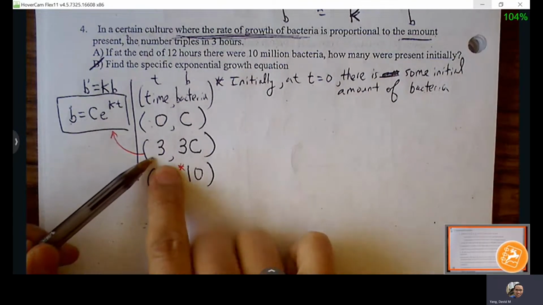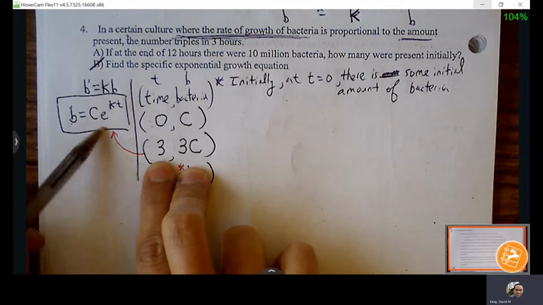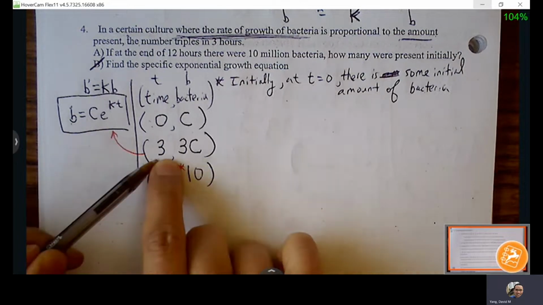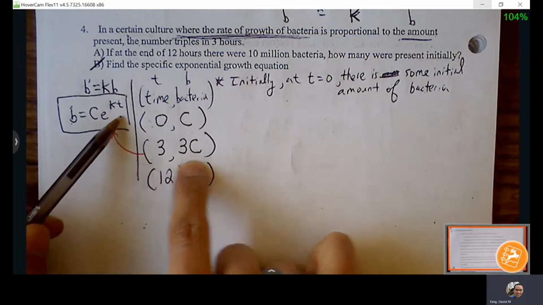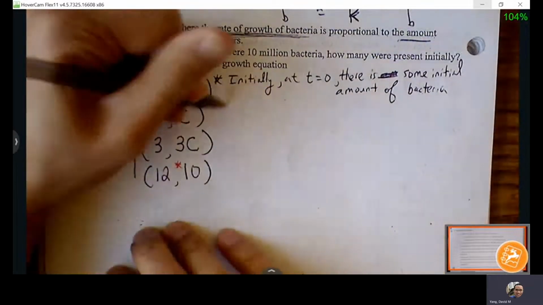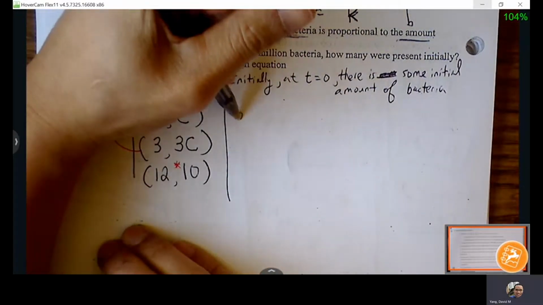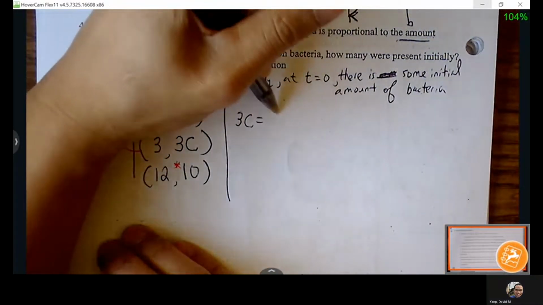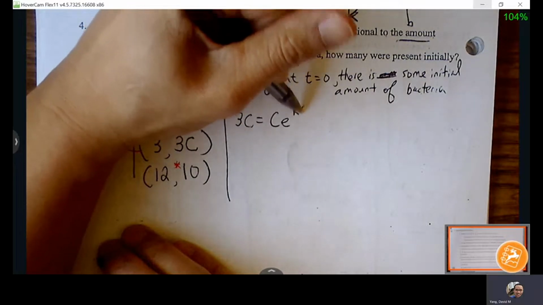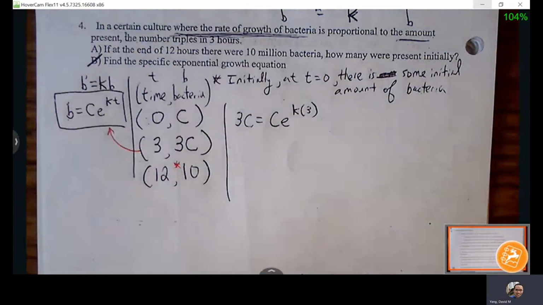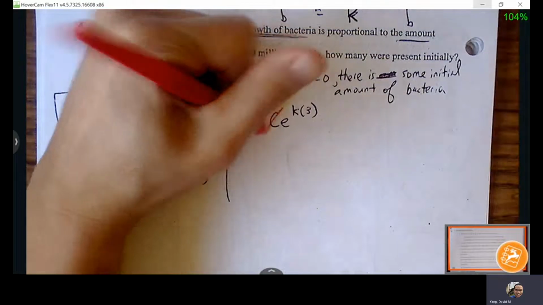So let's enter in 3C. Maybe this can help us solve for k. So we'll enter 3 in for t, and 3C in for b. Okay, the C's can go away.